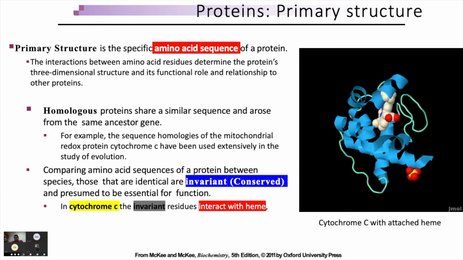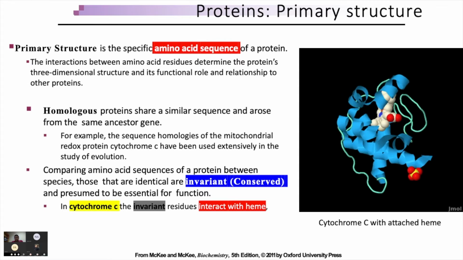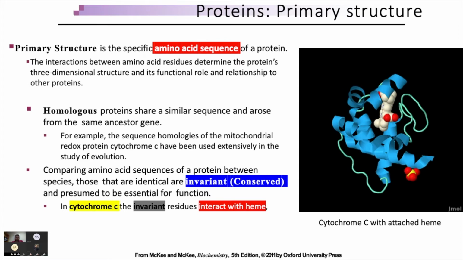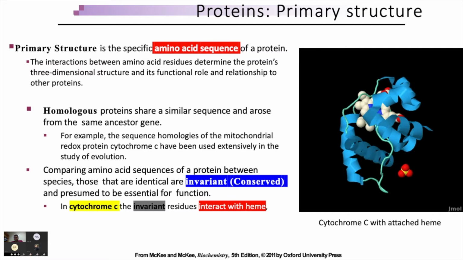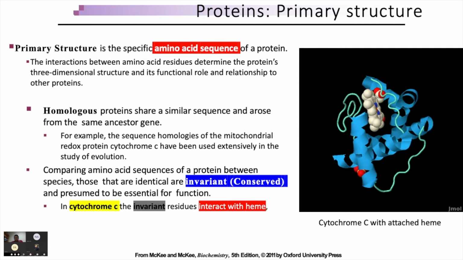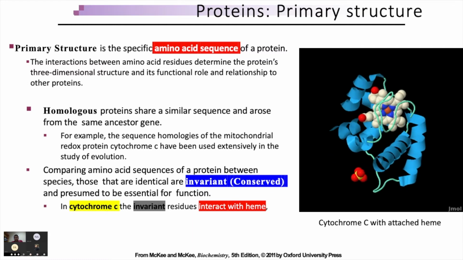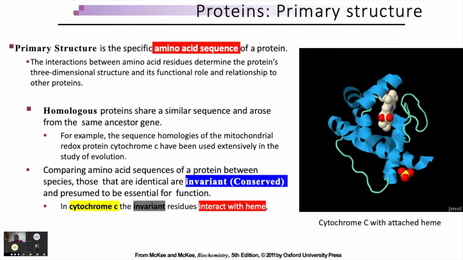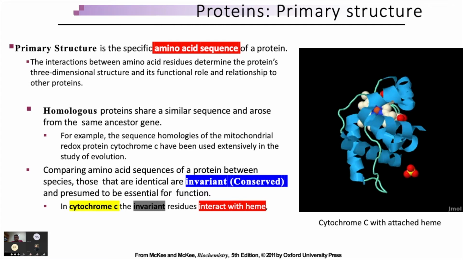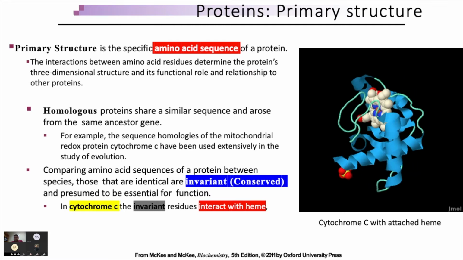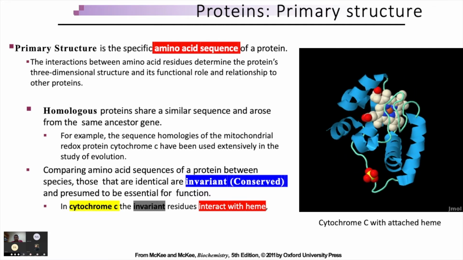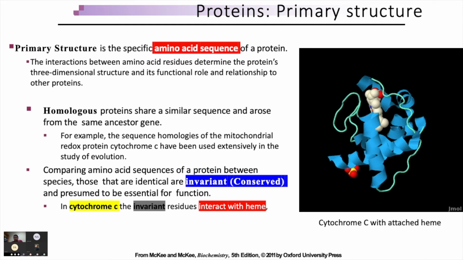As in the previous slide, I have shown you that the amino acid residues which are joining this heme molecule are conserved. If you could see it again here, these are invariant amino acids, they interact with the heme molecule.